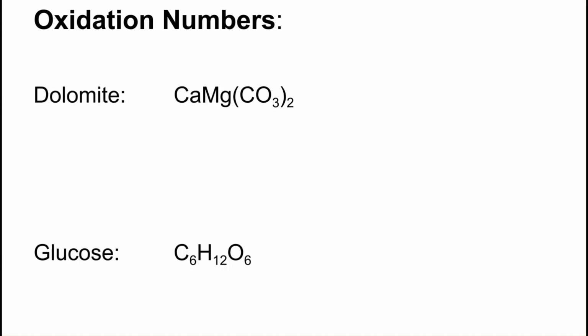First major concept is oxidation numbers. Now, there are some rules that you should know for oxidation numbers. Some of the rules are: an ion's oxidation number is equal to the charge on the ion.